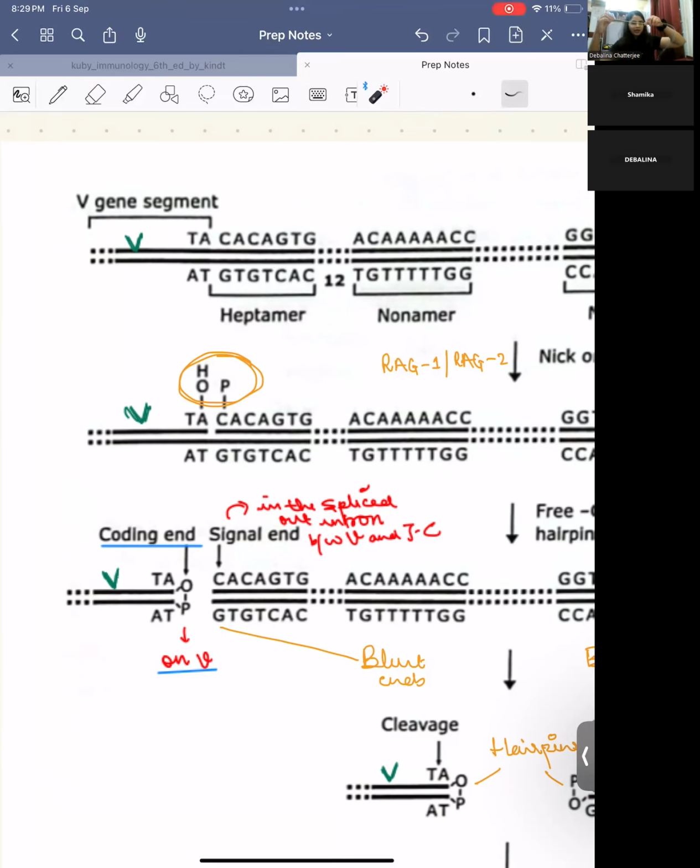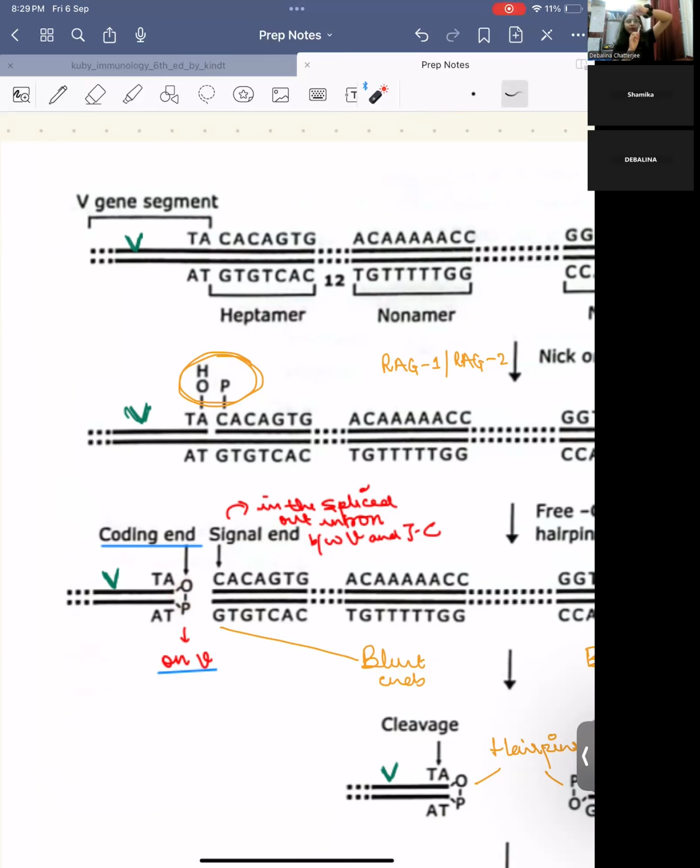And once I have this cut off, this can lie around like this, but this 3 prime OH makes an attack at this joint, the RSS signal of the second gene segment, the V segment that comes up. Let's just assume that this J segment is already free, right? And this is the hairpin structure that you see. So the hairpin structure that they have made like this, right?